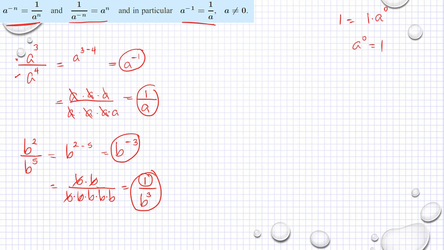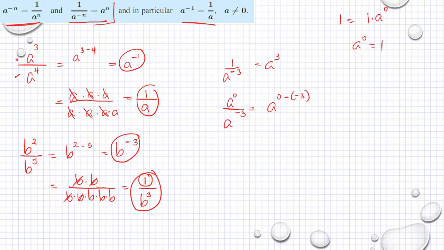So we can write 1 is equal to a raised to 0. So if we prove this one, we have 1 divided by a raised to negative 3. It should be a raised to 3 according to this law. Why? Because if a raised to 0 is equal to 1, then we have a raised to 0 divided by a raised to negative 3, then we have a raised to 0 minus negative 3.